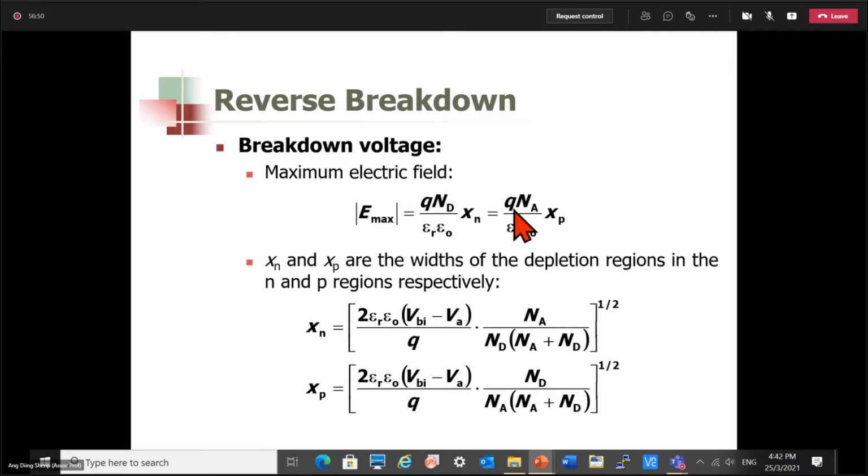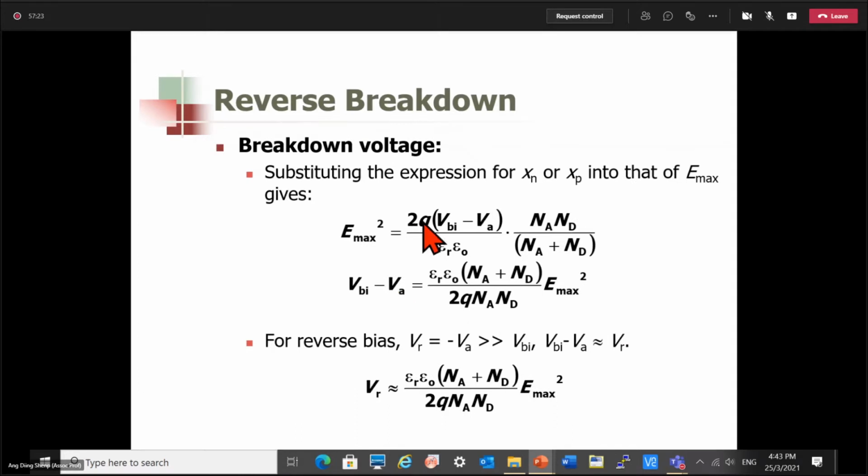Now we can use either one of these two expressions here, since the maximum electric field is continuous at the metallurgical junction. Now Xn and Xp are in turn given by these two expressions, which can be shown. We actually did that much earlier already. So let's just substitute Xn or Xp into the expression for the maximum electric field and then take the square on both sides to remove the square root sign here. All right, we'll get the expression for the maximum electric field squared in this way.